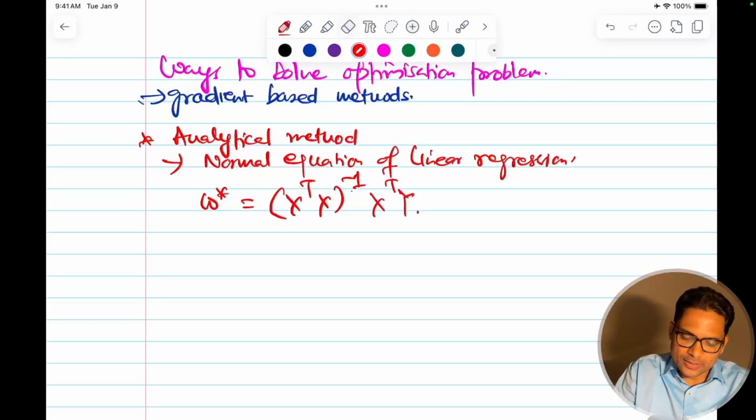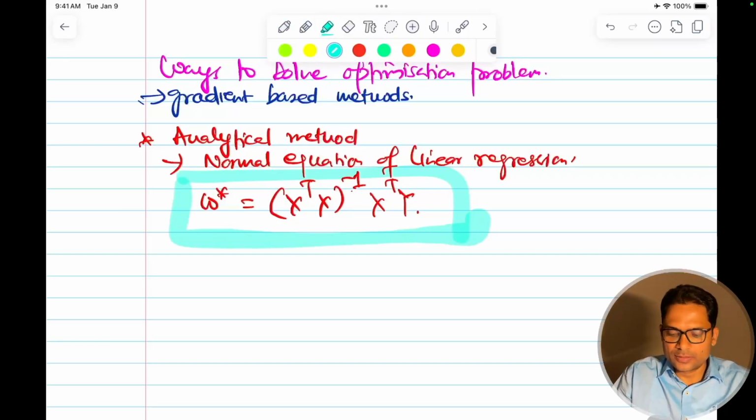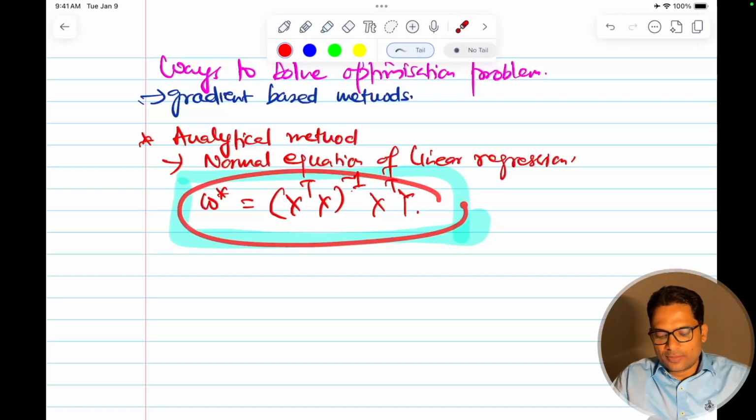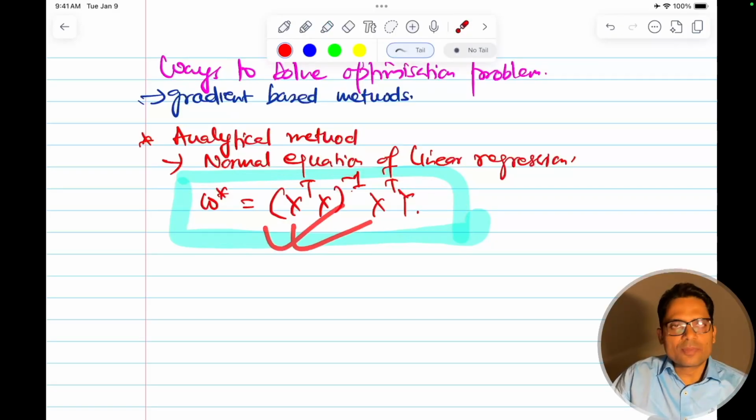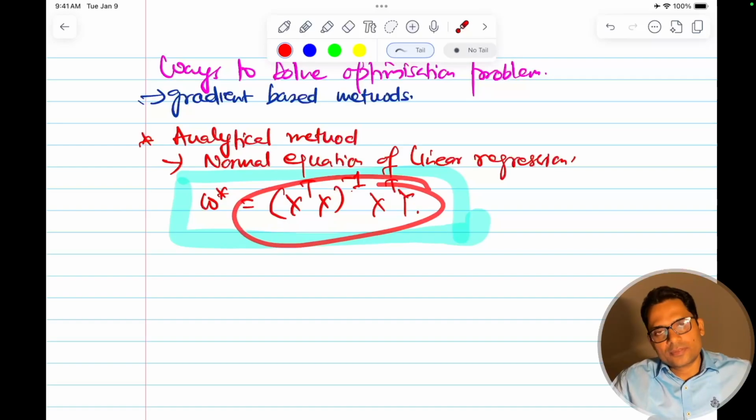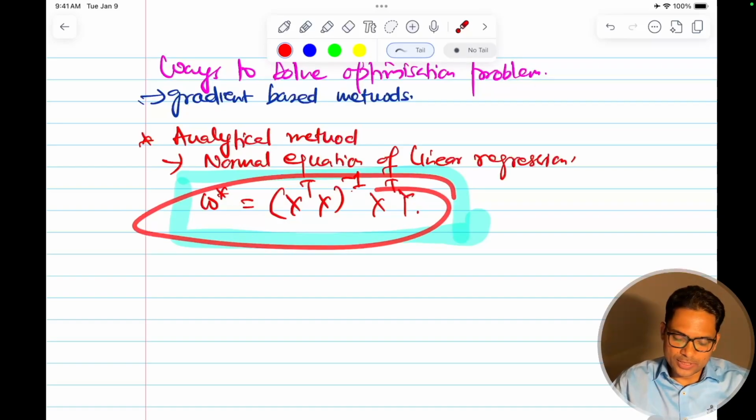We'll also derive it in one class. Don't worry. This is a simple derivation. It will come from the squared loss itself. So this is your normal analytical method.